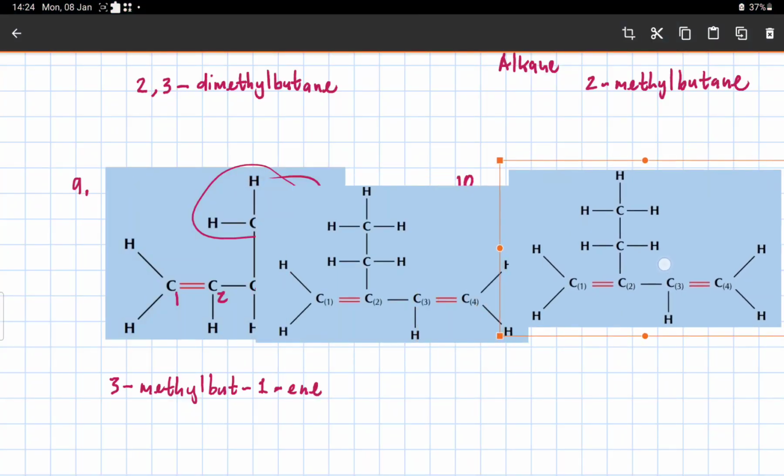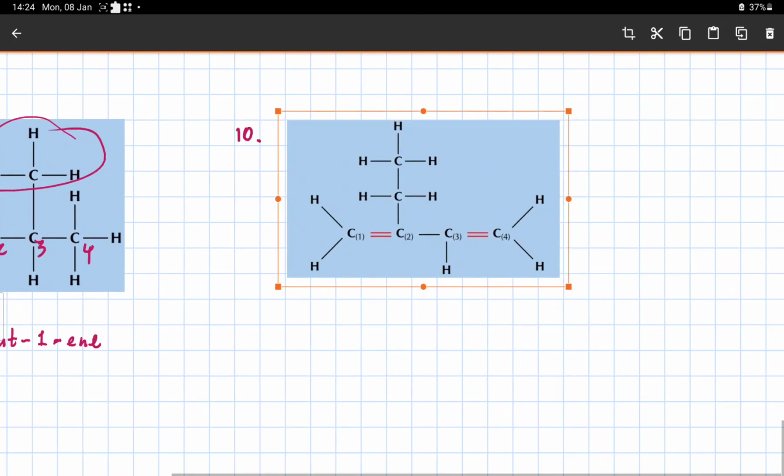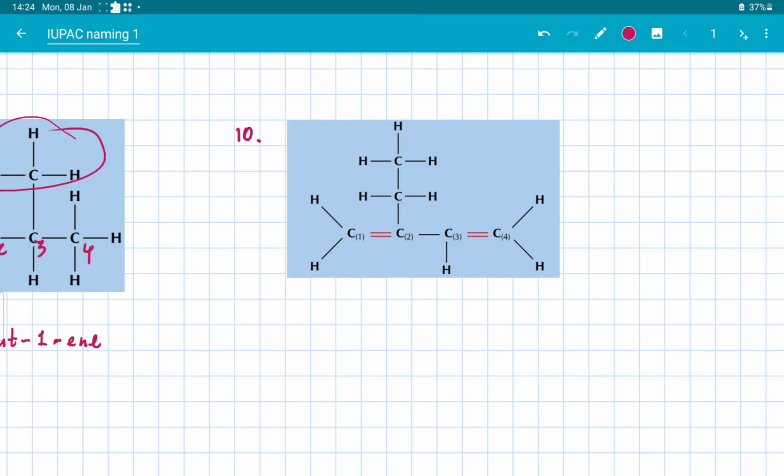And I will just explain why it is carbon 1. Even though we have double bonds at both ends, it is carbon 1 because the molecule is symmetrical, with a double bond on carbon 1 on both sides.